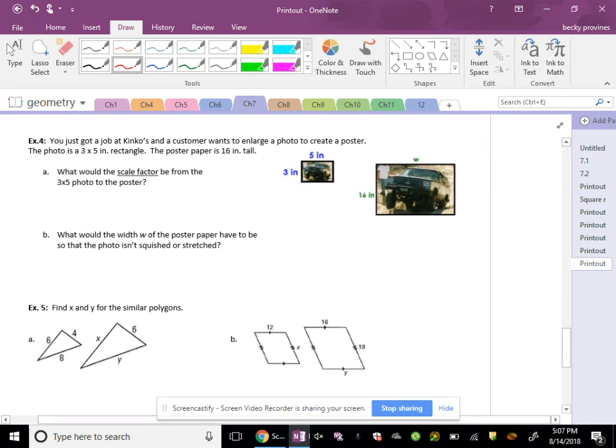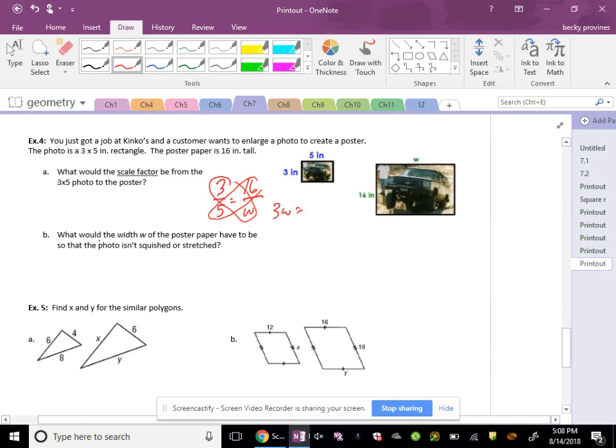So how would we do this? Let's think about maybe writing a cross multiplication problem. So we say 3 over 5 equals 16 over W. Now, can we solve for W? And we can. Sure, we can cross multiply.